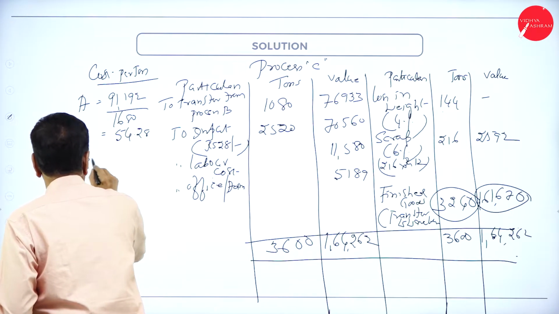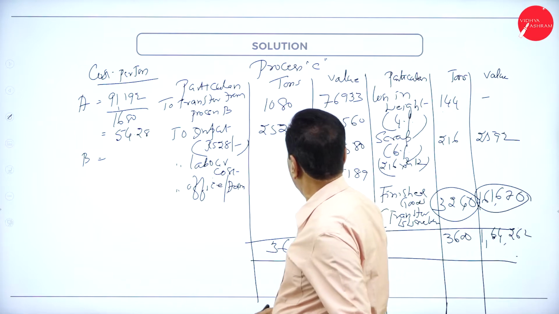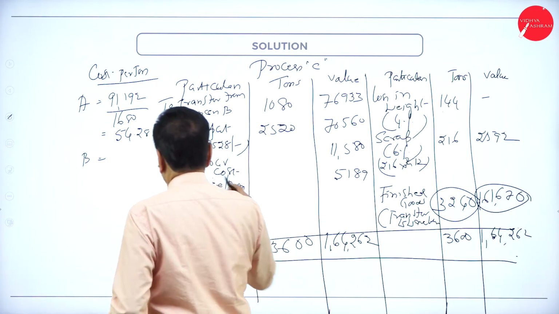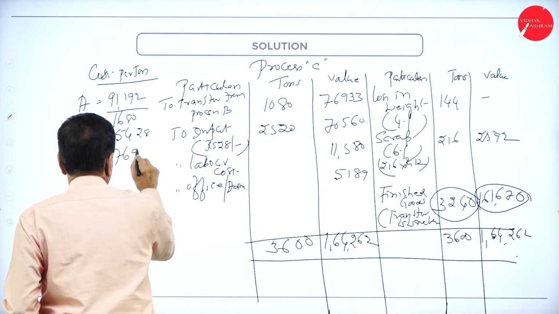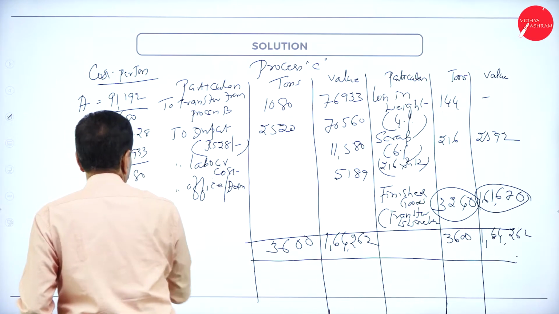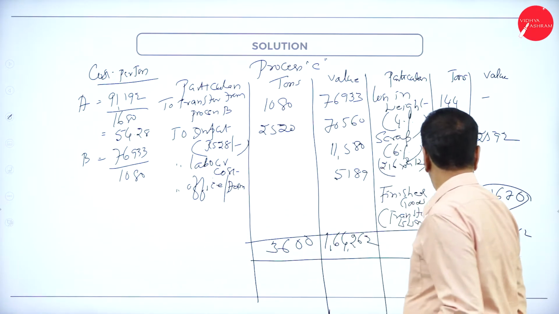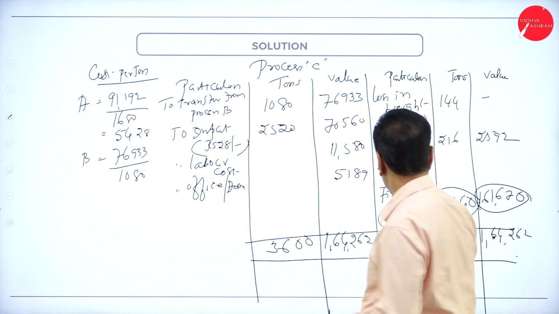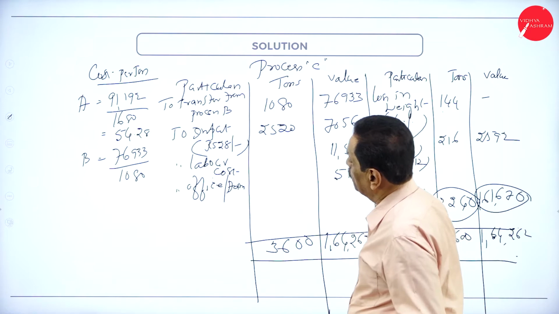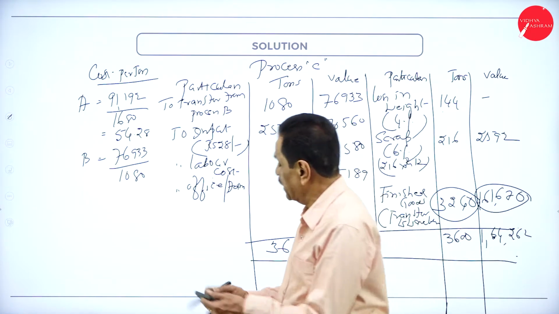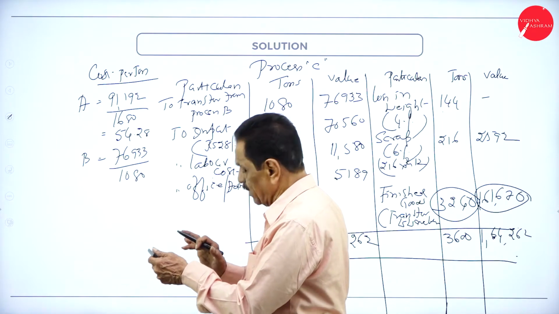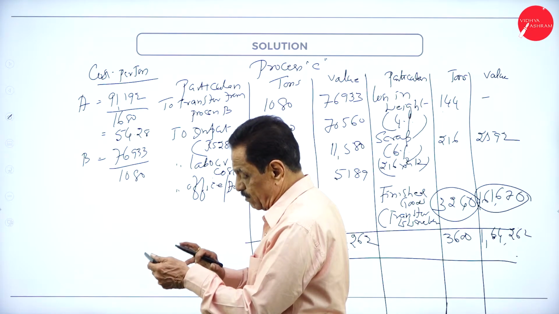Then process B, transfer entry: 76,933 divided by 1,080.